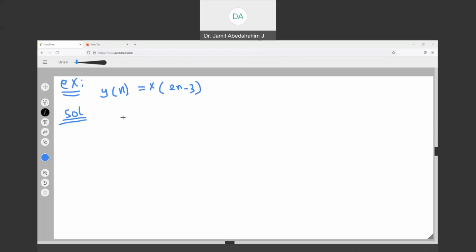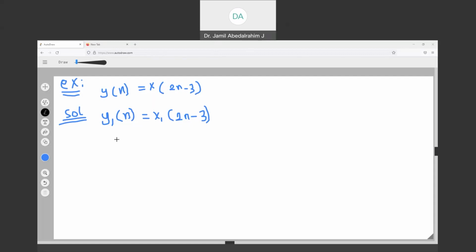So the first equation becomes y1 of n equal x1 of 2n minus 3. This will be the first equation. It is the same as the given equation in the question, but we number it with 1.